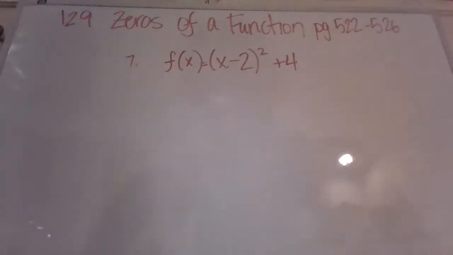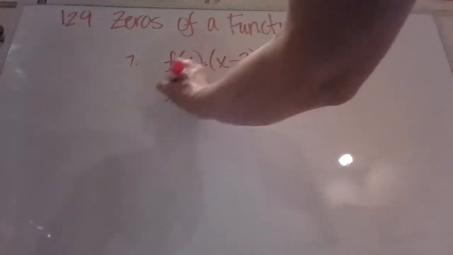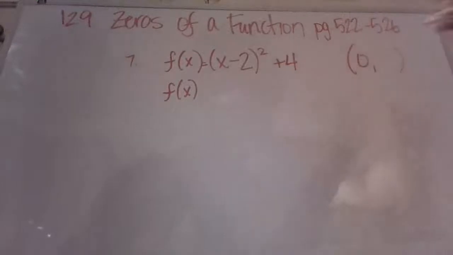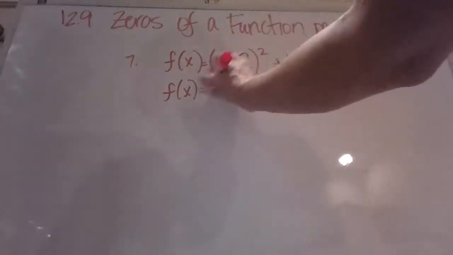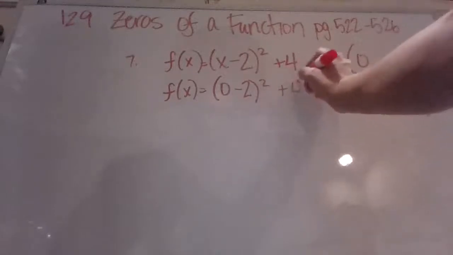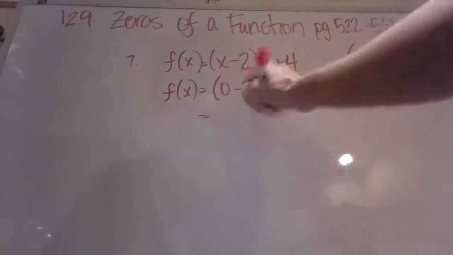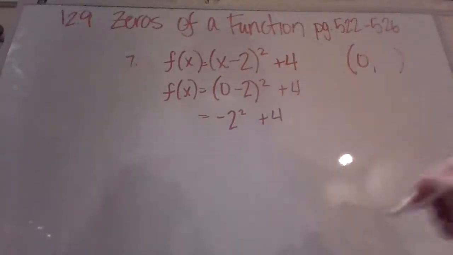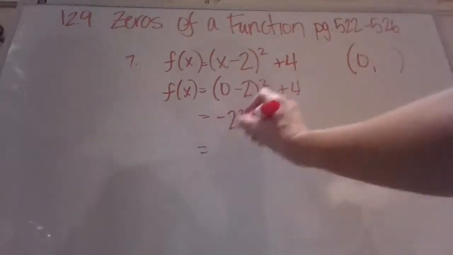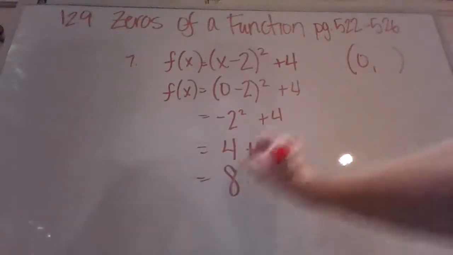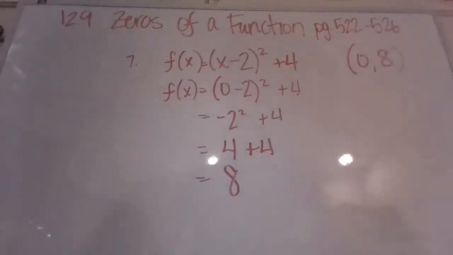So to do this one, we have to make our x equal 0. So our x is 0. We already have that. We're going to go 0 minus 2 squared plus 4. 0 minus 2 is negative 2 squared plus 4. Negative 2 squared is 4 plus 4, so then my y is equal to 8.